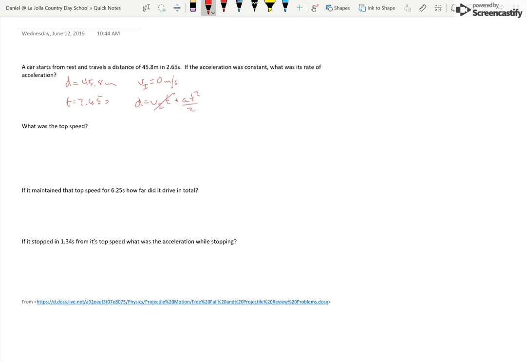And then we can solve for A. So A, we move some variables around. It's equal to 2D over T squared. So then we can put our values in for D and T. So 2 times 45.8 meters over 2.65 seconds squared.